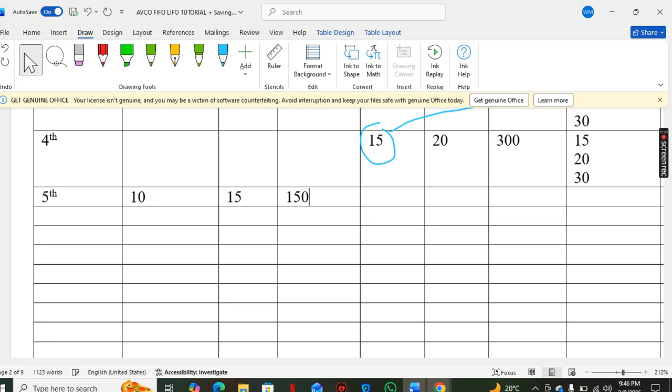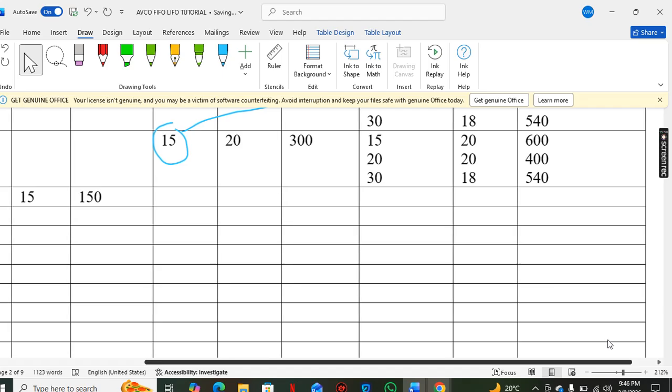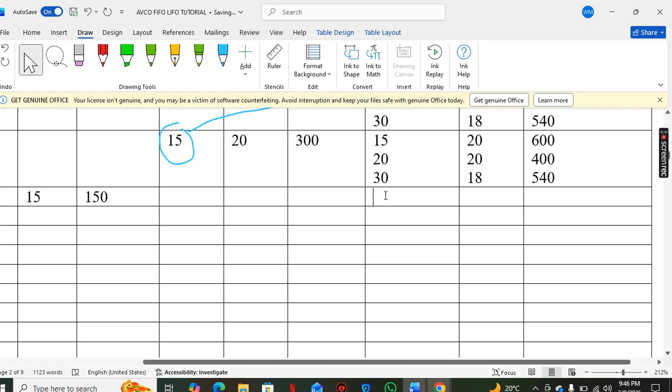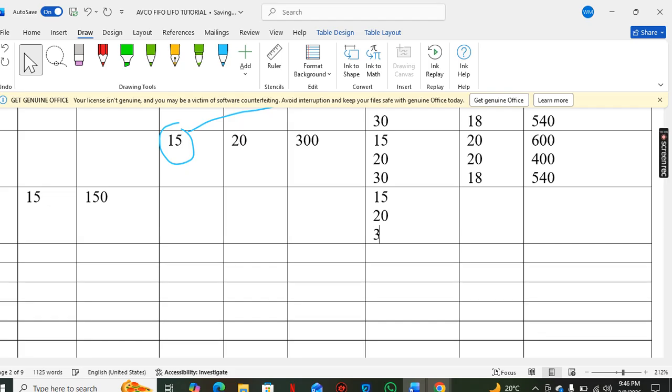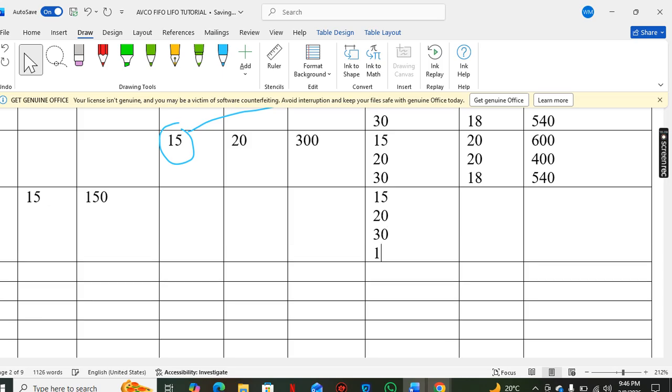Value 150. Then as I said, always when you have a purchase, remember this is where you are separating your inventory. So you have now brought in 10 units. Then here 15, 20, 20, 18.